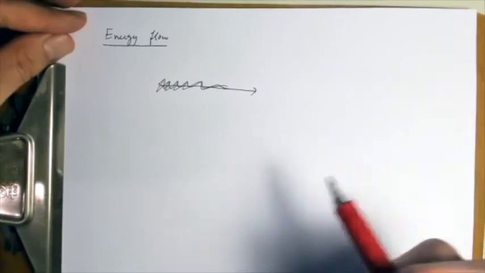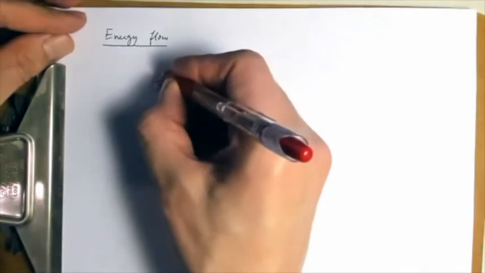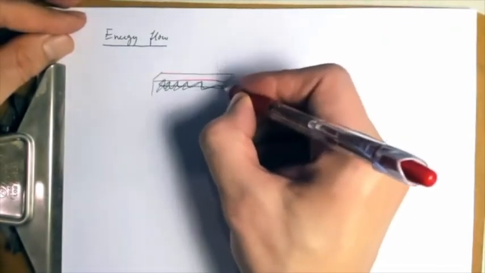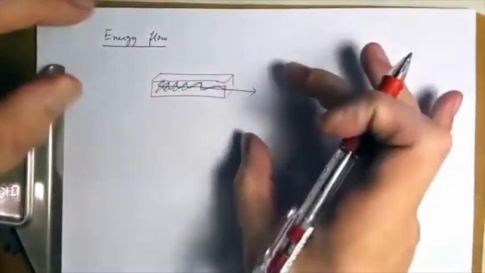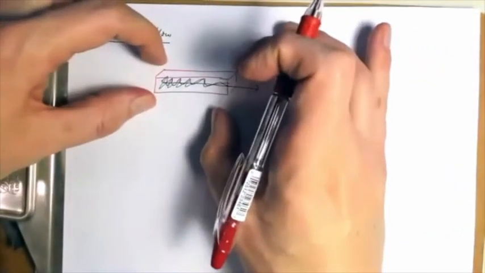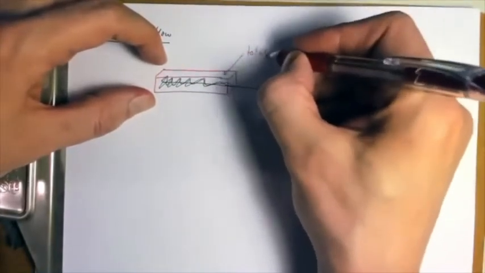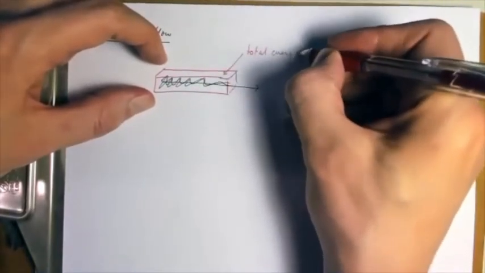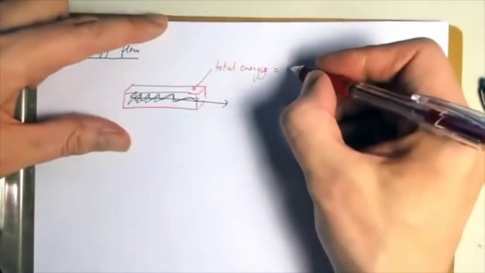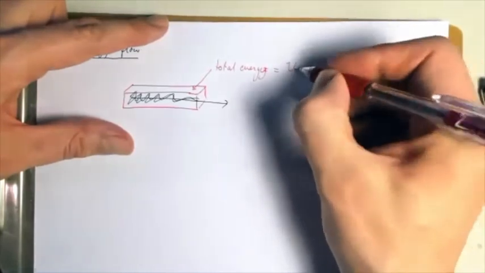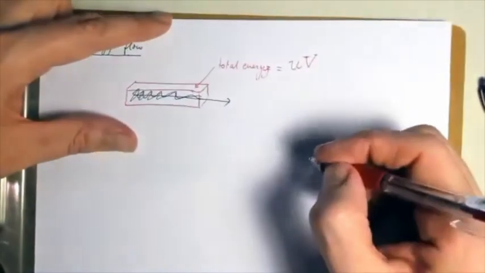And now we take a volume here, and the total energy that's in this volume is little u times V, where V is the volume.